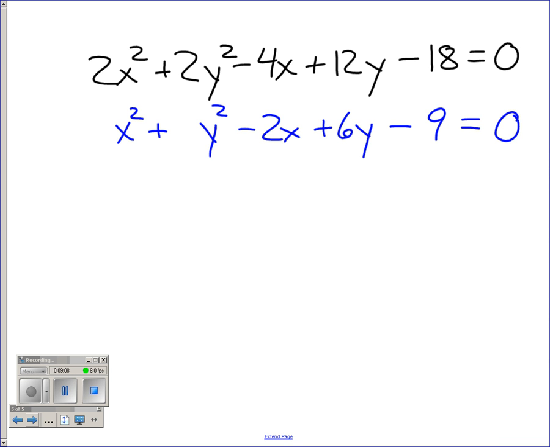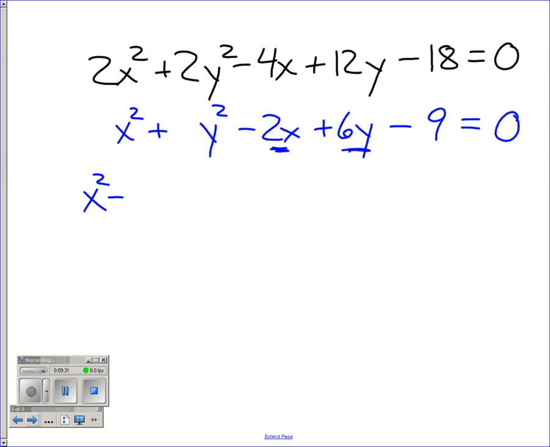Now, once you have this, we've got coefficients of x squared and y squared that are both the same thing, and they're both 1s now, which is what we want. We want to go through and start grouping. So I'm going to bring this negative 2x over here behind the x squared. I'm going to take the 6y and put it behind the y squared. And so this is what I'm going to write.